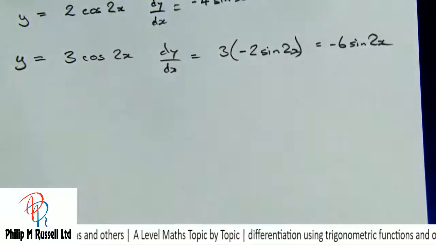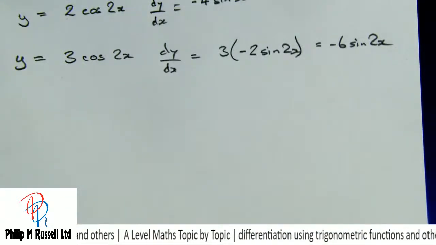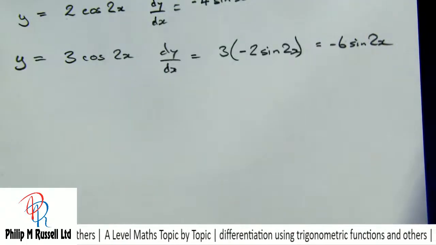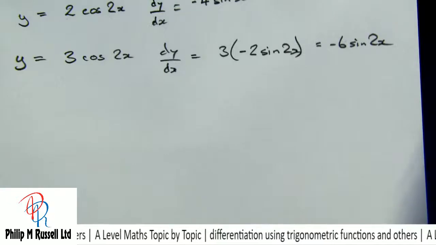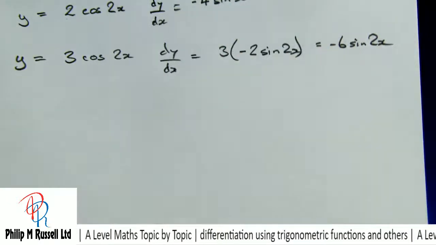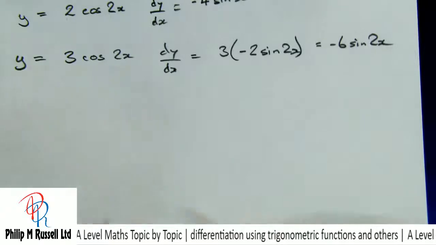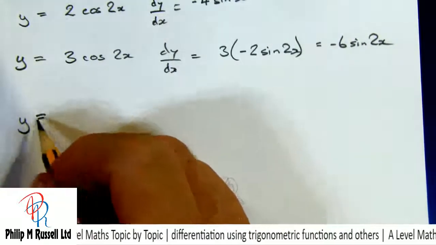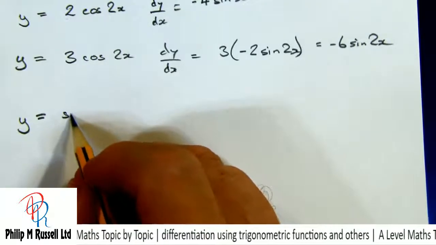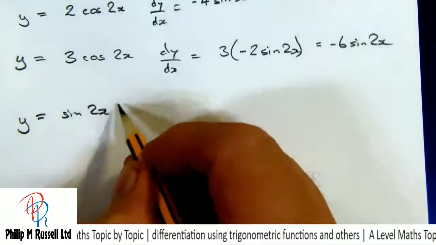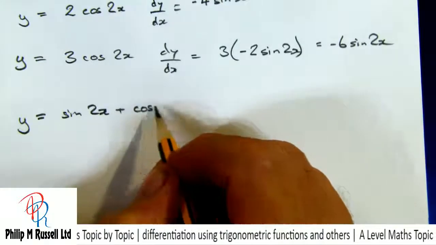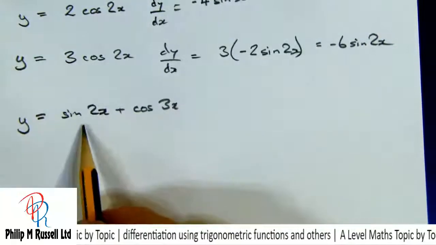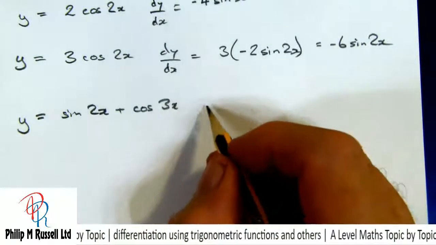These simple sines and coses don't really represent a major problem. We can get some nastier ones where we can combine all sorts of things. So let's go for one here, which is y equals sine 2x plus cos 3x. We'll just differentiate each of those separately.